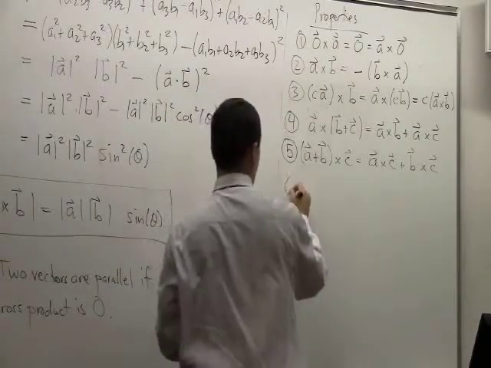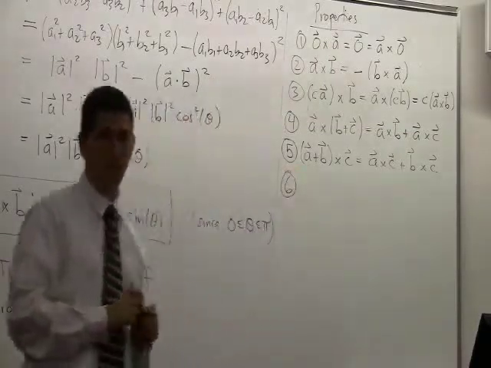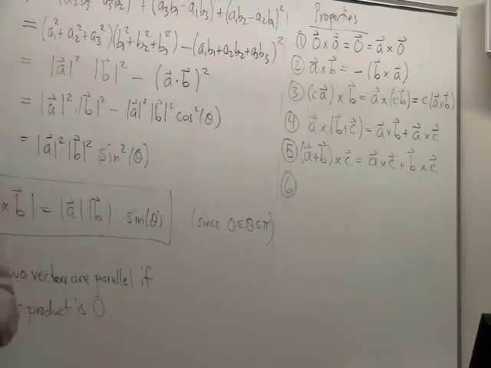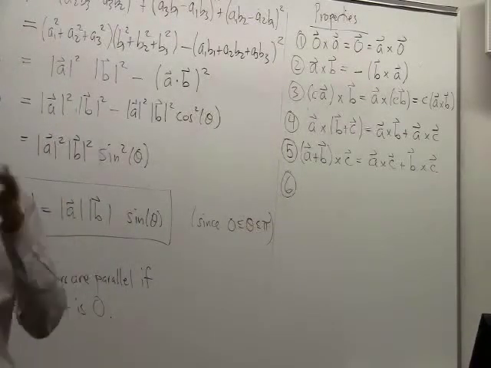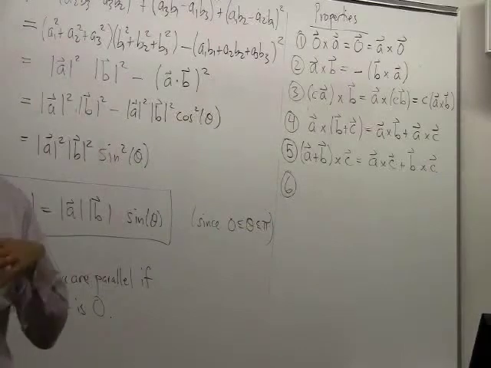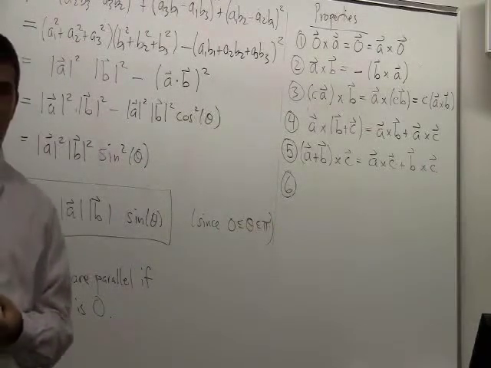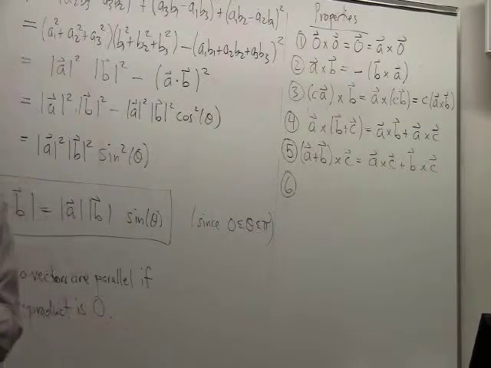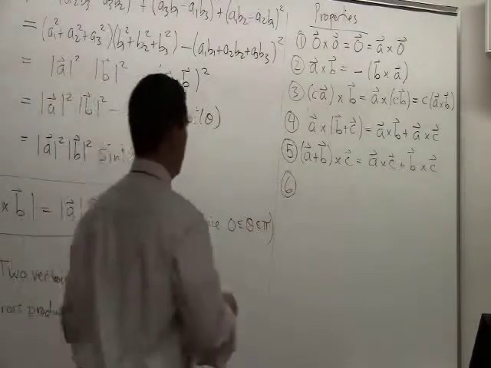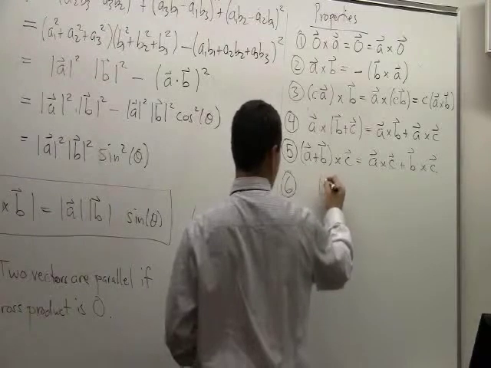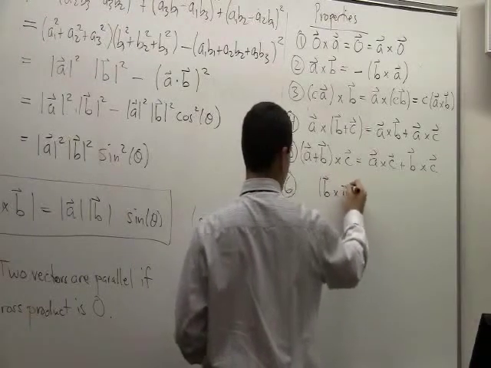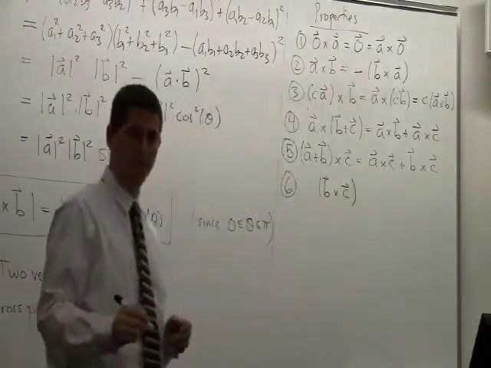Okay, so 6 is a really interesting one because it's going to relate the dot product with the cross product. And this is sometimes called the scalar triple product. Kind of an impressive sounding name. So it says the following. First, take B and C and take the cross product.